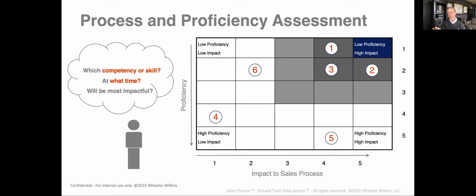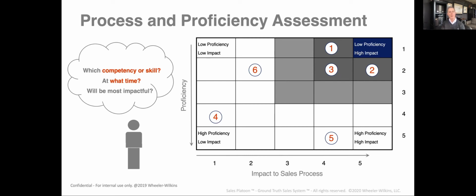And if I looked across the gamut, across all the different skills that a sales rep, a sales manager, a marketing team could have, some of them are going to have high impact and we're good at them. Some of those we're not going to be good at, but you know what? It doesn't really matter. Some things we're good at, we like doing, but they don't have any impact on our sales goals.